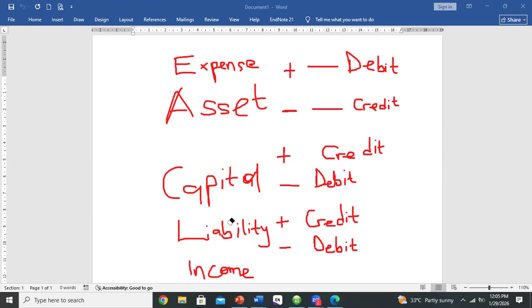So A plus D is asset increase, debit. And we know A plus is a politician in this country. So A plus D, and then C plus C. So make learning fun, okay?